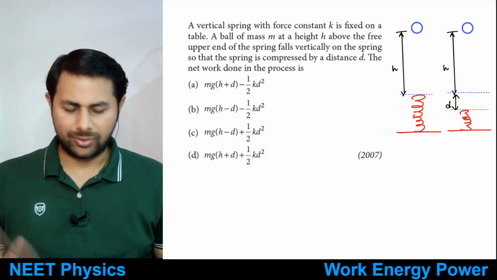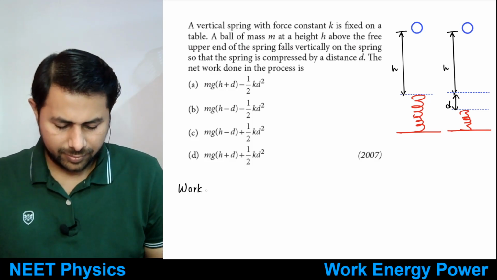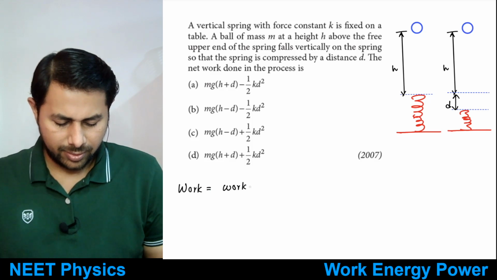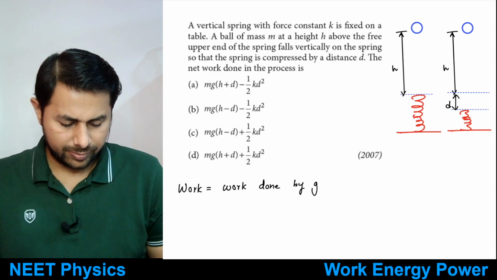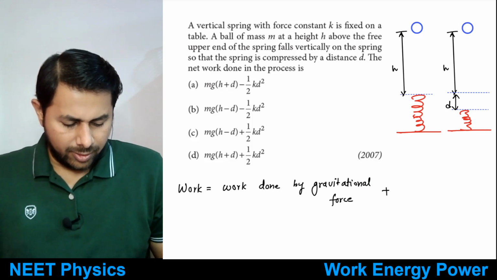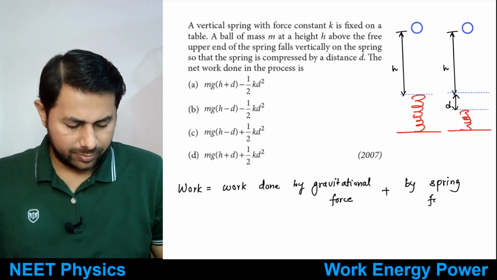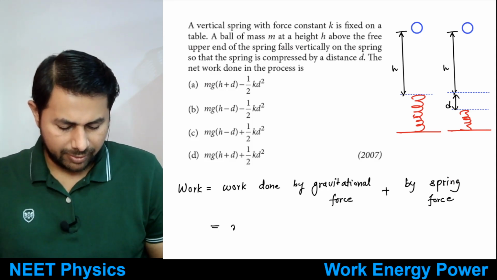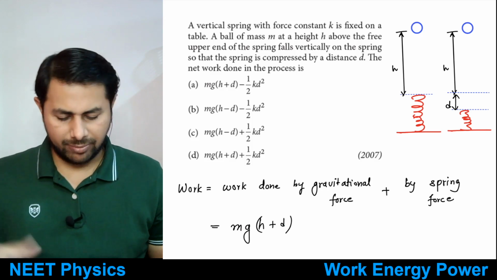It's option A. Okay, let's check. Work done is work done by gravitational force plus work done by spring force. Work done by gravitational force is mg(h plus d), that is mgh plus mgd.